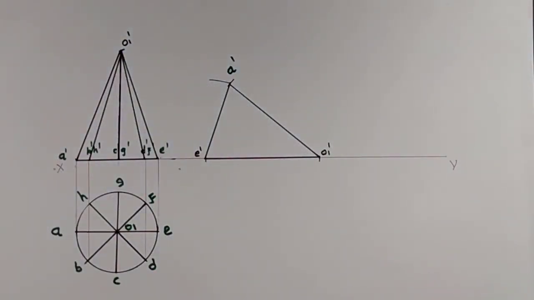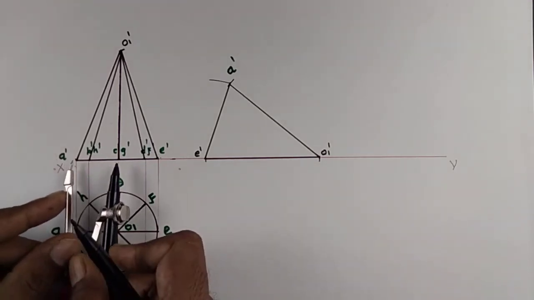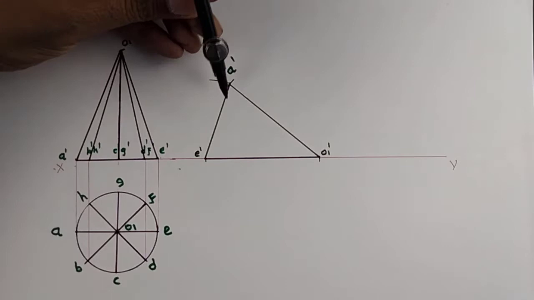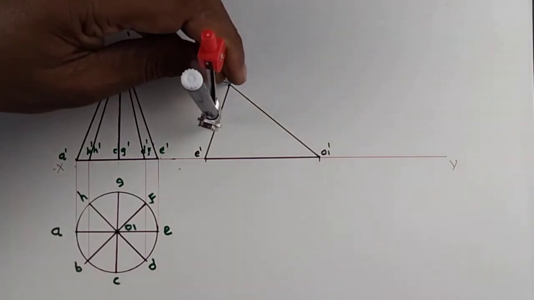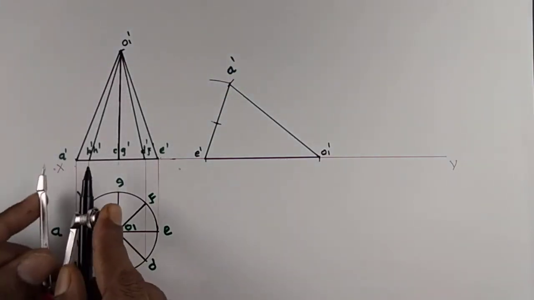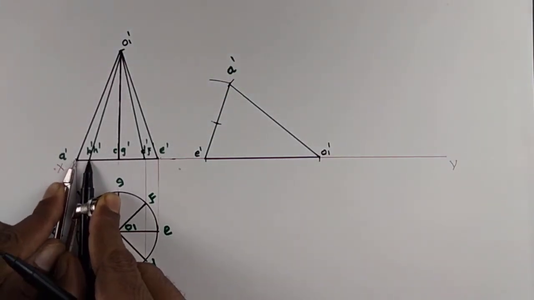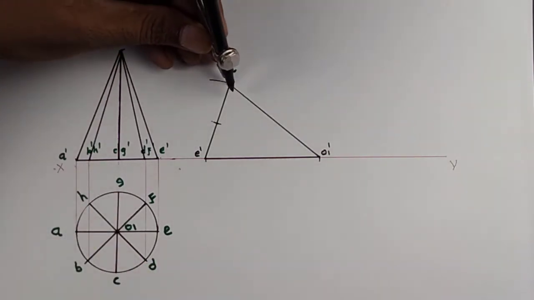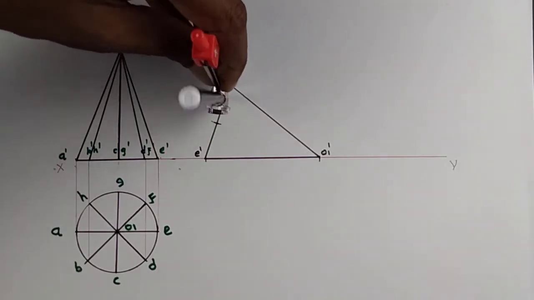Similarly, you can mark the C dash G dash point on the base line, with A dash C dash as radius and center A dash. Similarly, A dash H dash is a radius with center A dash, and you can draw the arc.